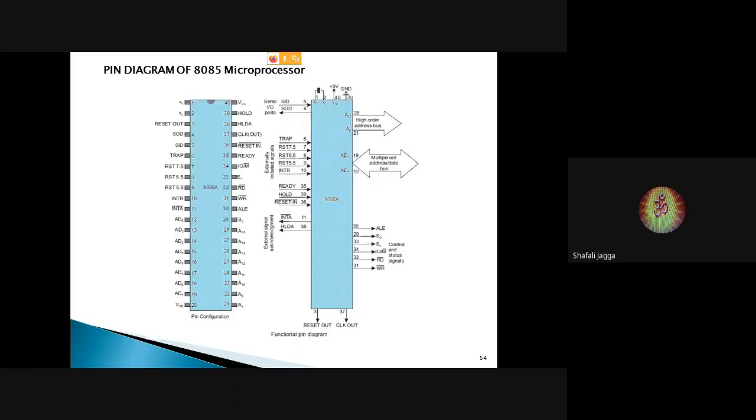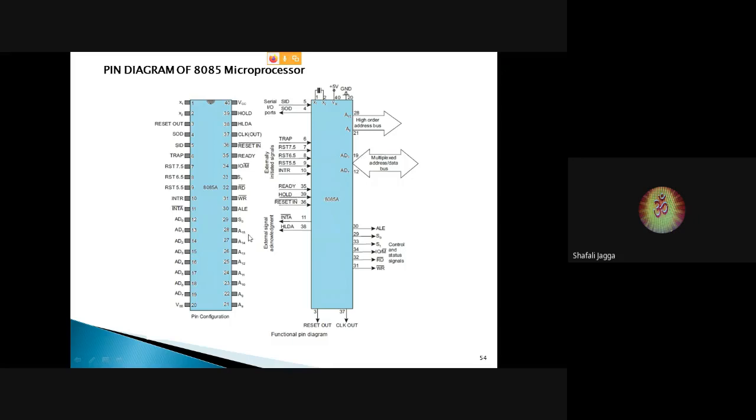So the pin diagram can be drawn in this way or in this way. This is easier because it is easy to learn, as it has AD0 to AD7 address lines from pin number 12 to 19. So AD0 to AD7 is the multiplexed address data bus from pin number 12 to 19.